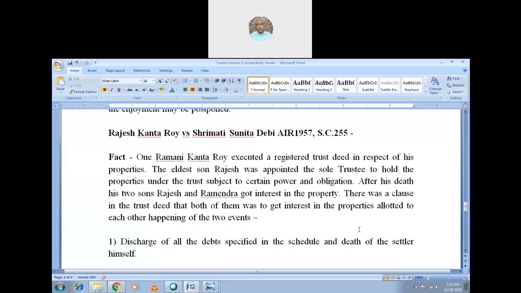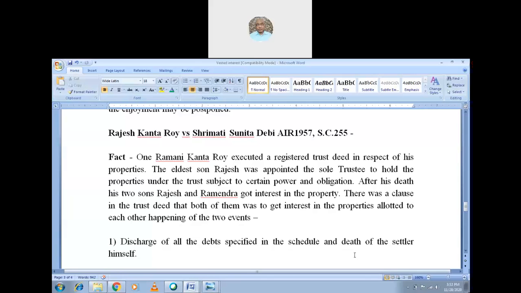Suppose he is a minor, then he enjoys the property on attaining the age of 18. Or if the event is the death of a particular person, only then will he enjoy the property. But from the time of transfer, the vested interest is there in the transferee; he can enjoy the property only when the event is over.